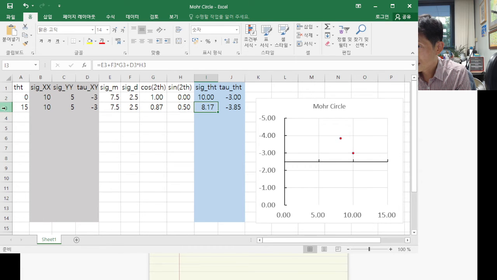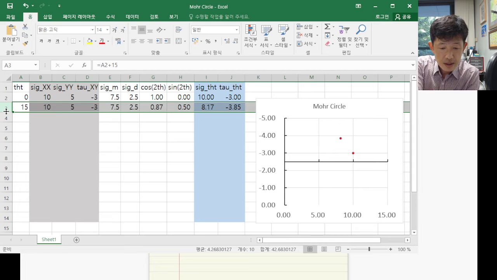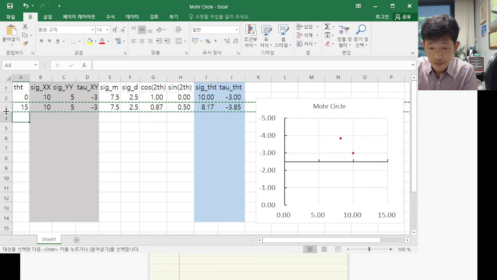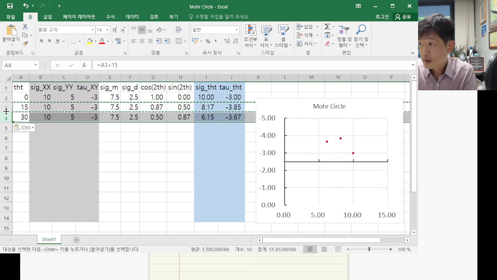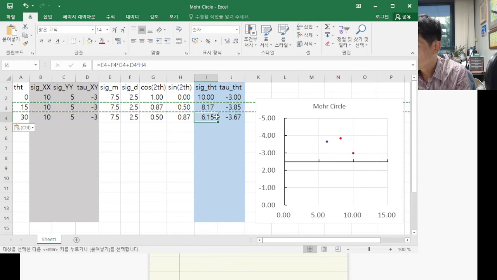Okay, let's try to increase one more 15 degrees. Then if you do that, I have one more point here. So my new value is here, 6.15 and minus 3.67. Okay, so it's changing counterclockwise. The actual direction is also counterclockwise.